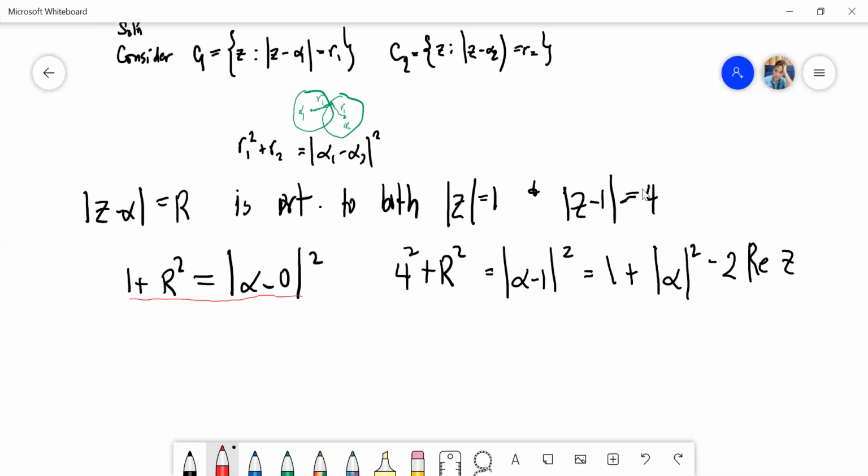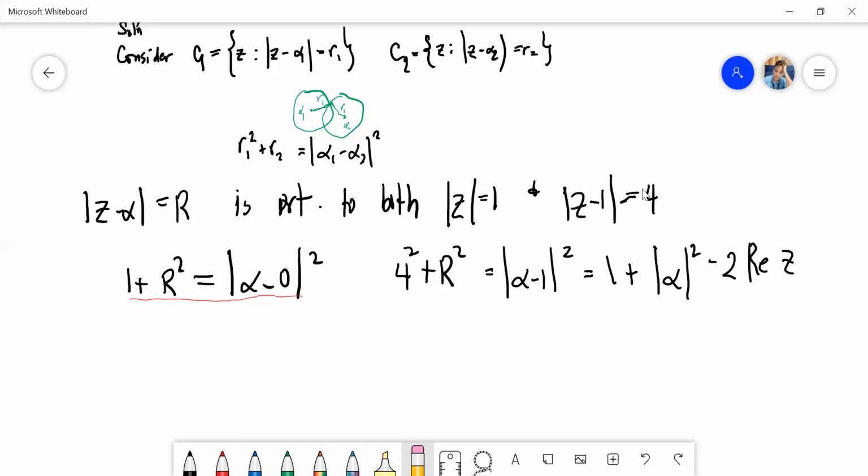So I have 1 plus r squared. Now, negative alpha, I can write that as modulo of alpha minus 0. This is the same as alpha minus 0 squared. So therefore, I get this equation.